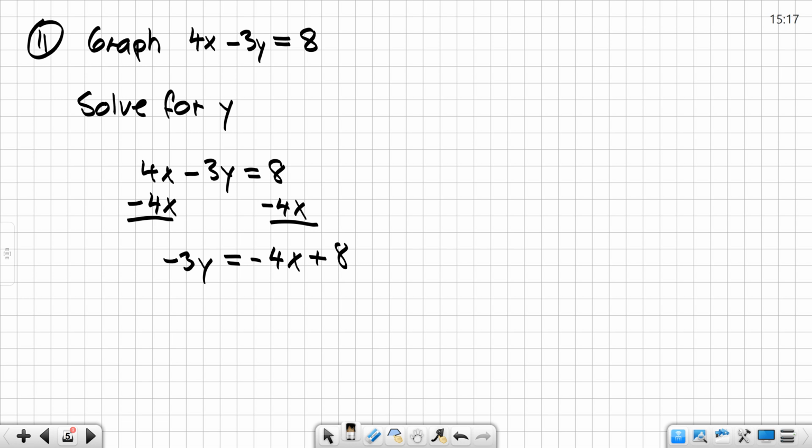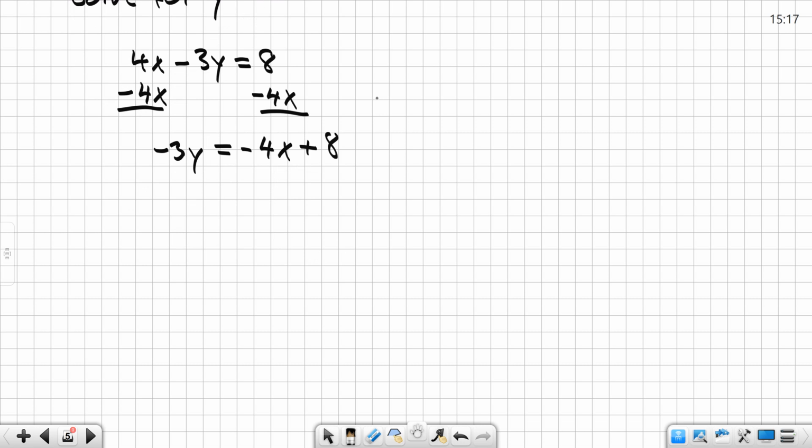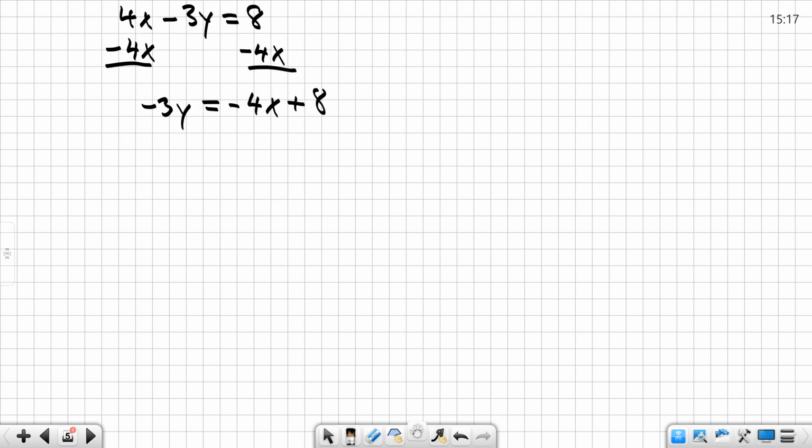All right, now the next step would be to simply divide both sides by negative 3. I divide by negative 3 on the right. So I have y is equal to, well, this negative 3 in the denominator divides into the negative 4x, and it divides into the positive 8.